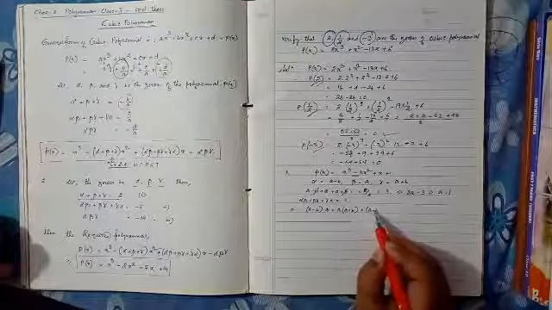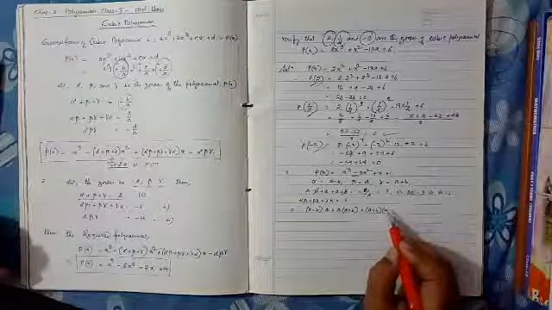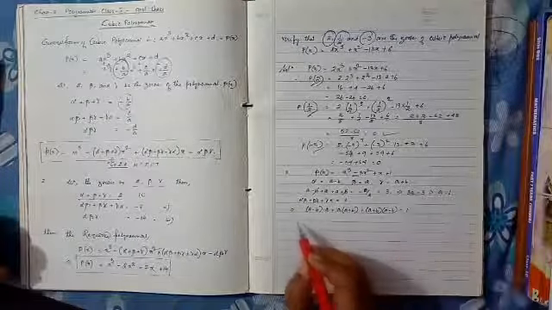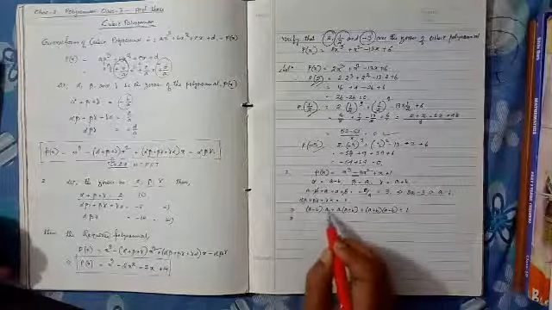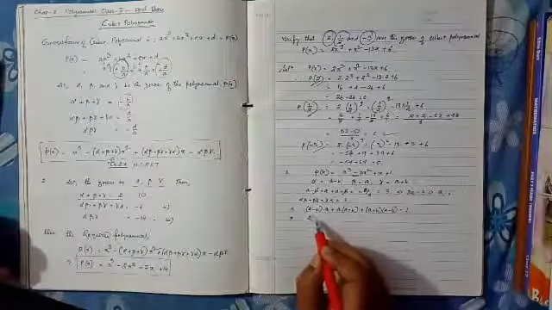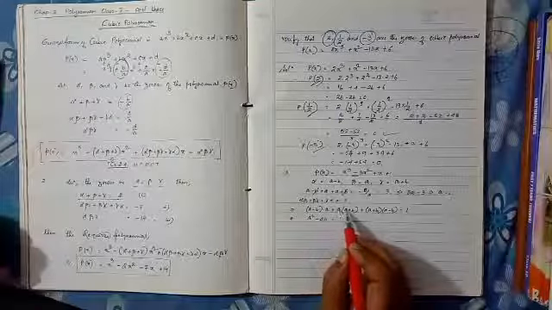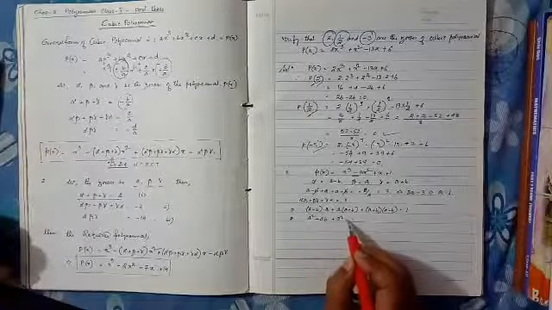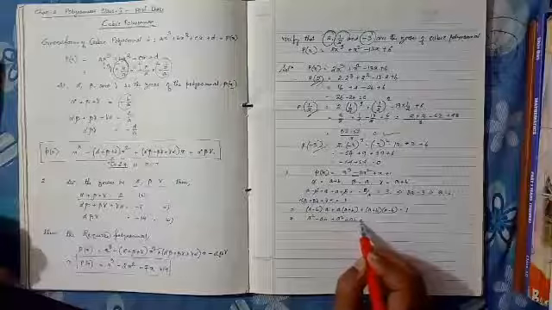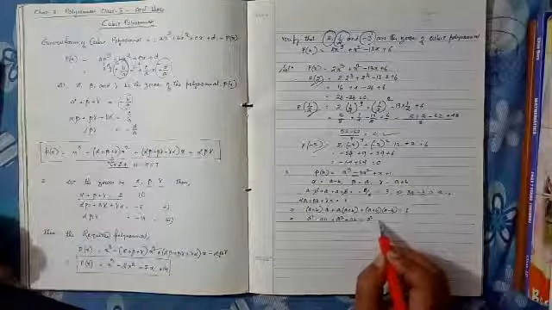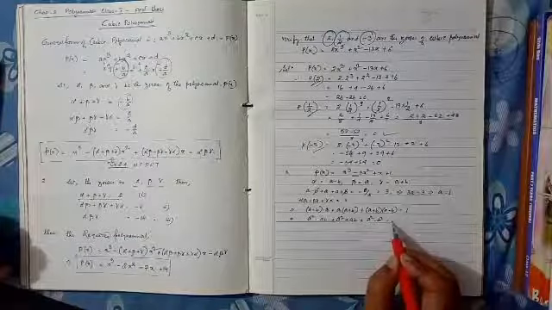So a plus b into a minus b is equal to 1. This implies a into a square minus ab plus a into a square plus ab plus a plus b into a minus b, a square minus b square is equal to 1.